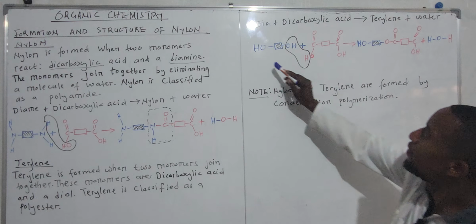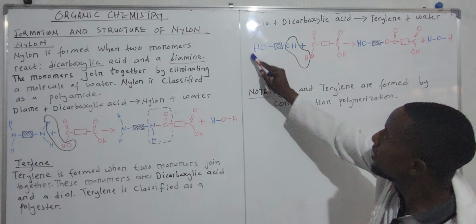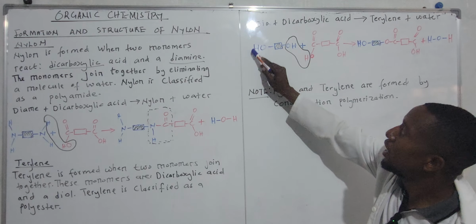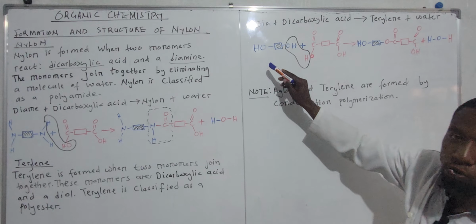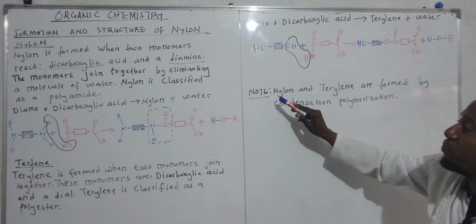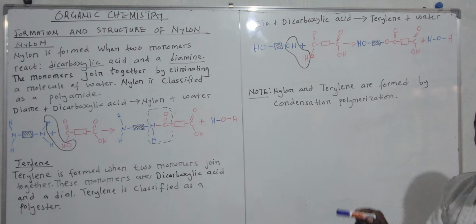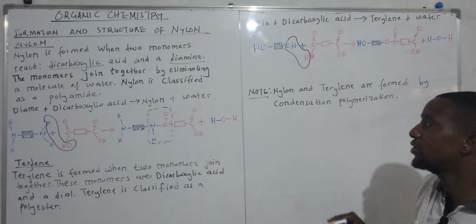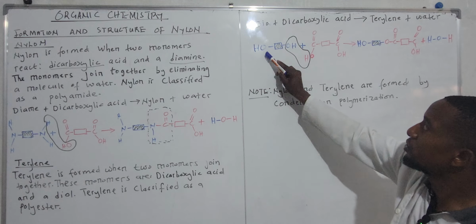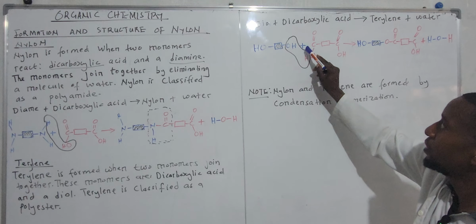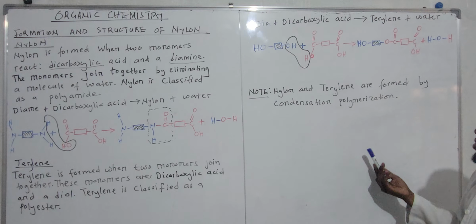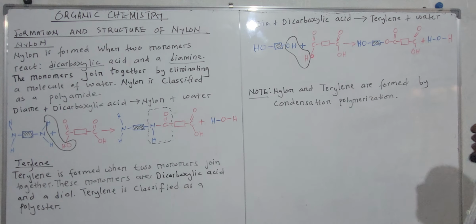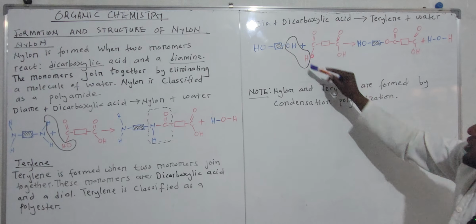So we have this structure here. This is a diol, an organic compound having two alcohol functional groups, the hydroxyl group. Plus the dicarboxylic acid, it's the same carboxylic acid that we use in the formation of nylon.